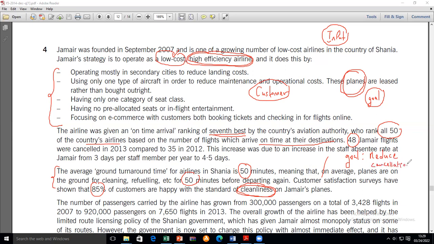So these problems that they're highlighting here give us areas on which we must formulate goals. The absentees. Look at the absentee rate. It's very high. So we want to introduce non-financial performance.